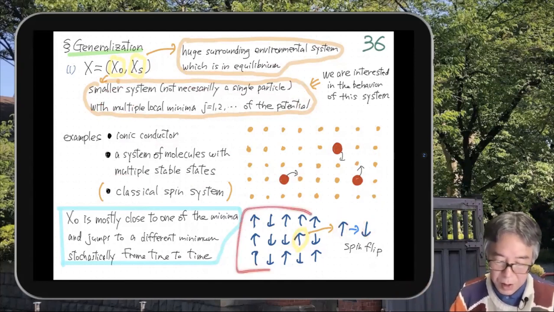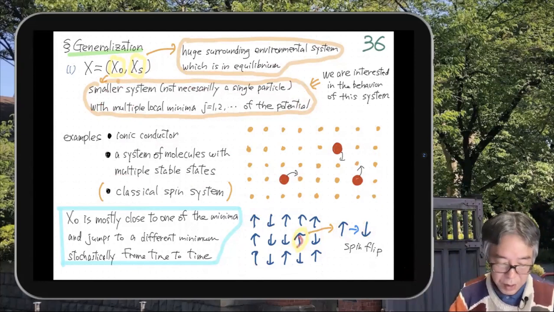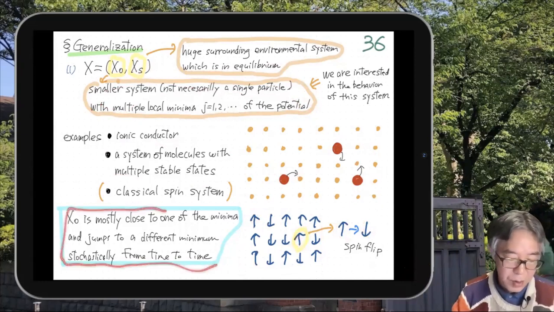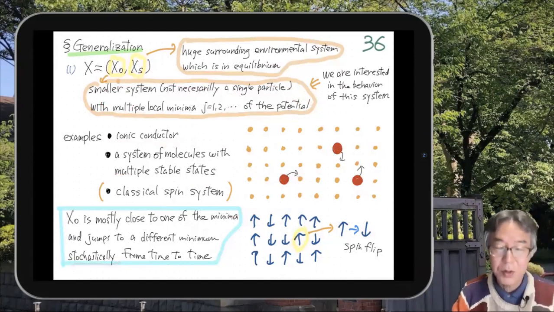And they are mostly in one of these spin configurations, and from time to time there is a spin flip and the configuration changes. Okay, so this is our basic assumption. x0 is mostly close to one of the minima and jumps to a different minimum stochastically from time to time.